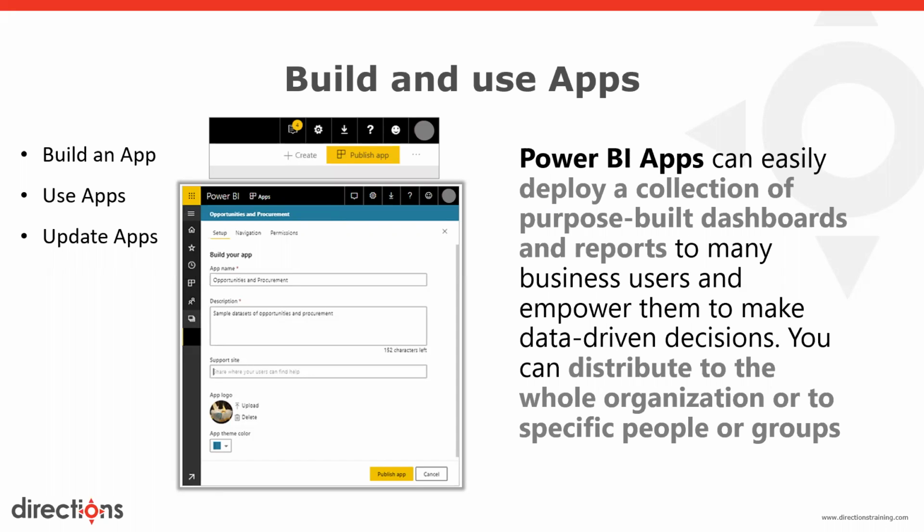So I'll create an app. What do you want to call it? What's the description? When I create an app, I will say, this app should have this data, should have this report, should have these dashboards.